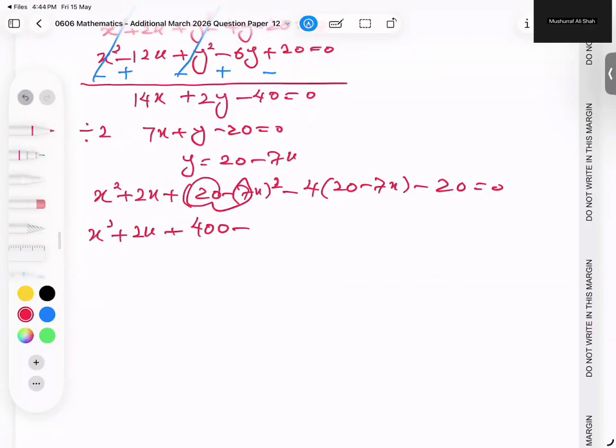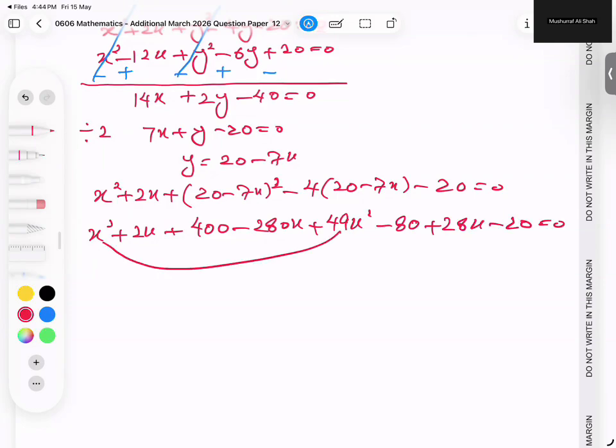Then 2 times 20 times 7x, so 4 times 7 is 28, that gives 280. And 49x to power 2. After this is 80. 7 8s are 28x, and negative 20 is equal to 0. So this and this will give 50x to power 2.